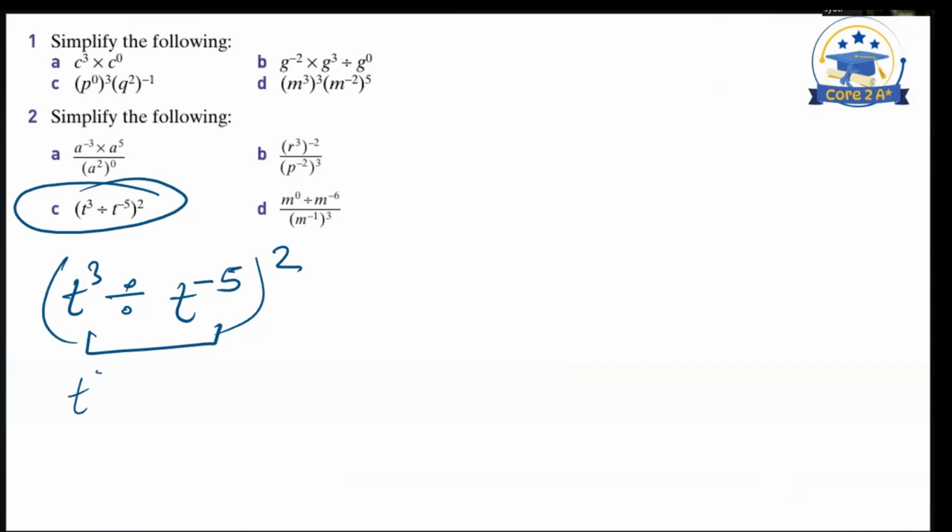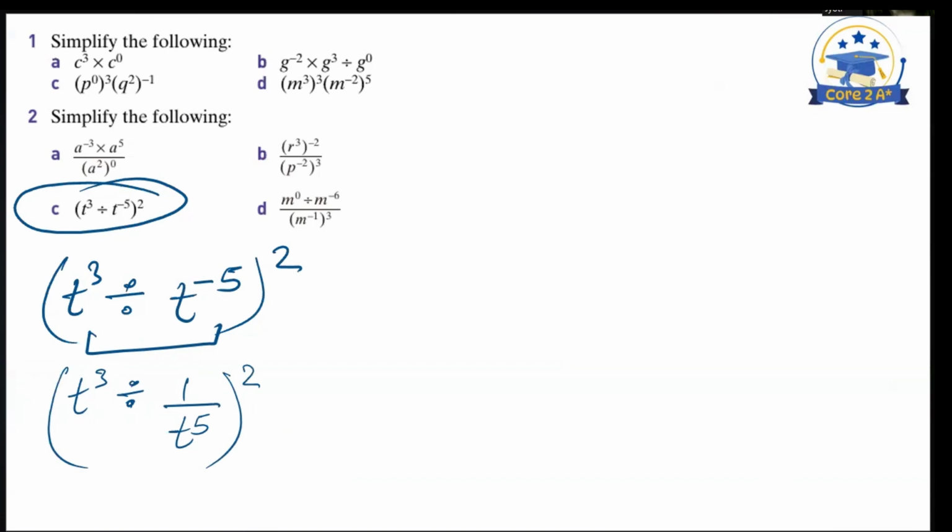So TQ divided by T to the power minus 5. What it means? The whole thing is in denominator. Okay. Sorry, T to the power 5 and then whole square.